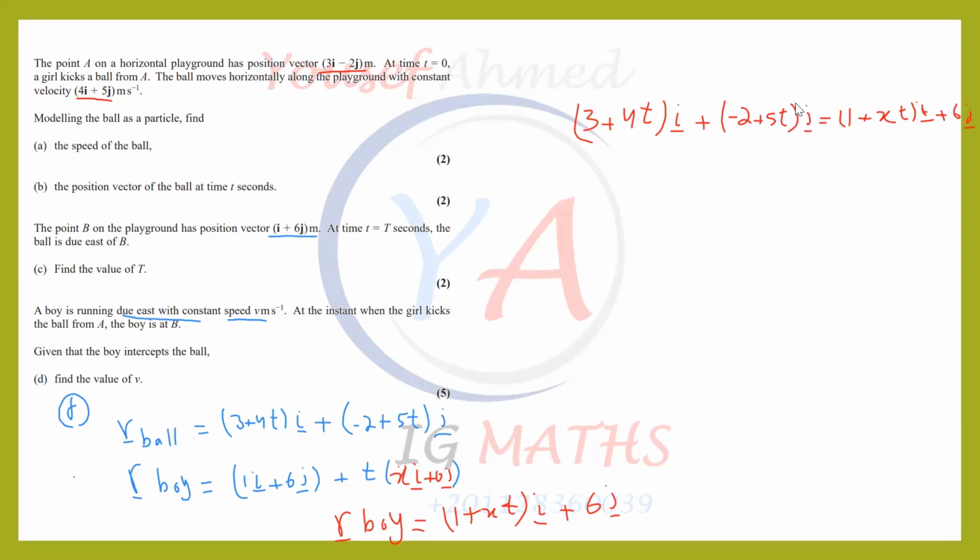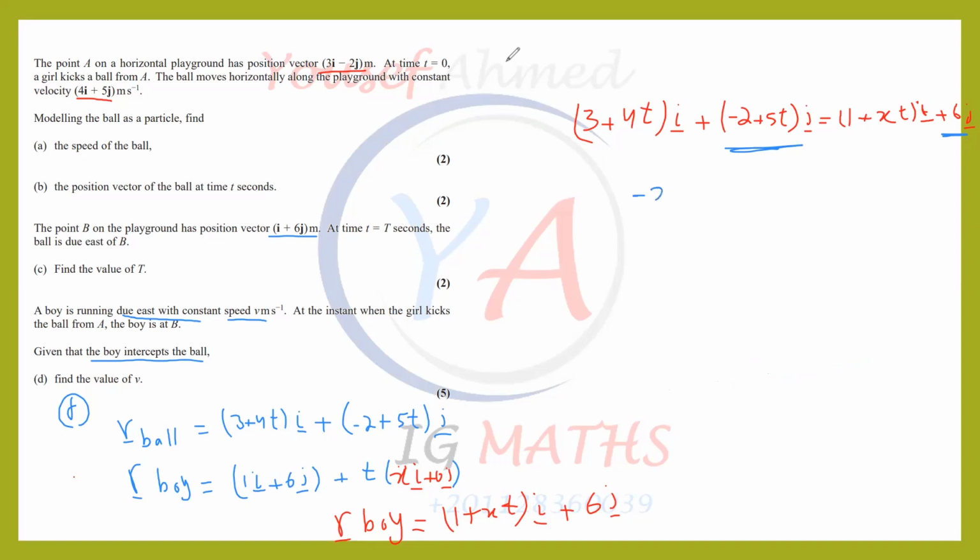You can work on the time where both of them will be due east by equating the j components, because you cannot equate the i components together, as you have more than one unknown. It's mentioned that the boy and the ball intercept, so they meet each other. This is the point where both of them meet. So let's get the time first.